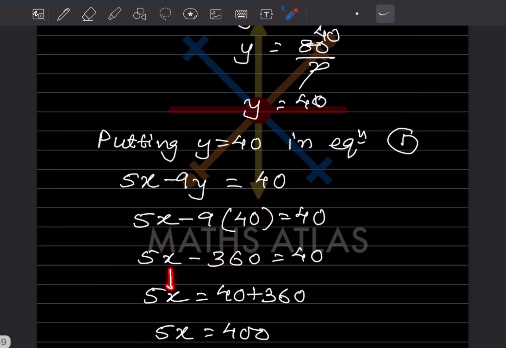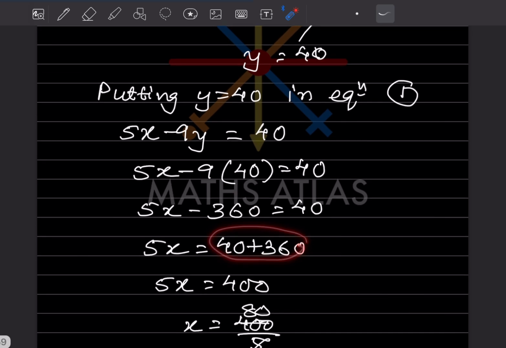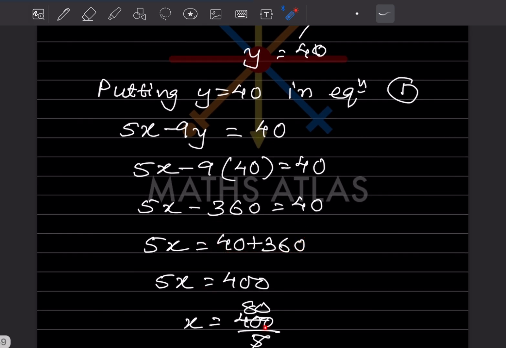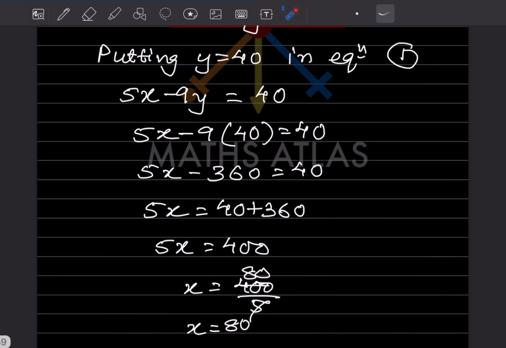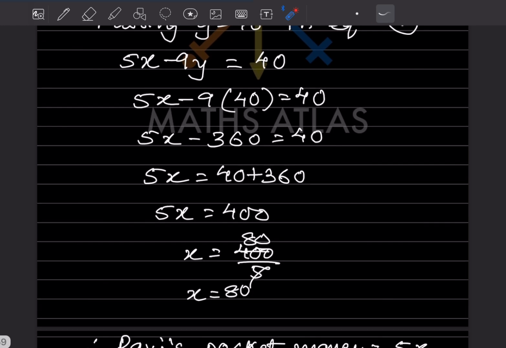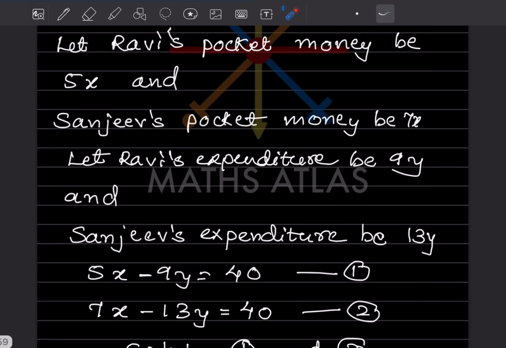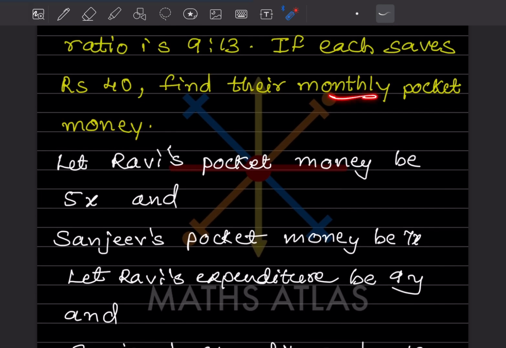So 5x is going to be, 40 is already here, so minus 360 is going to be plus 360. So when you add this one, 5x is 400, so x is going to be 400 divided by 5, so x is 80.